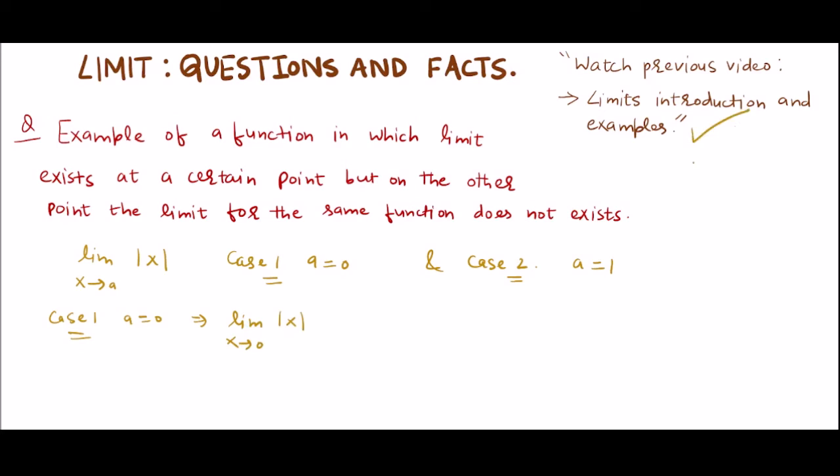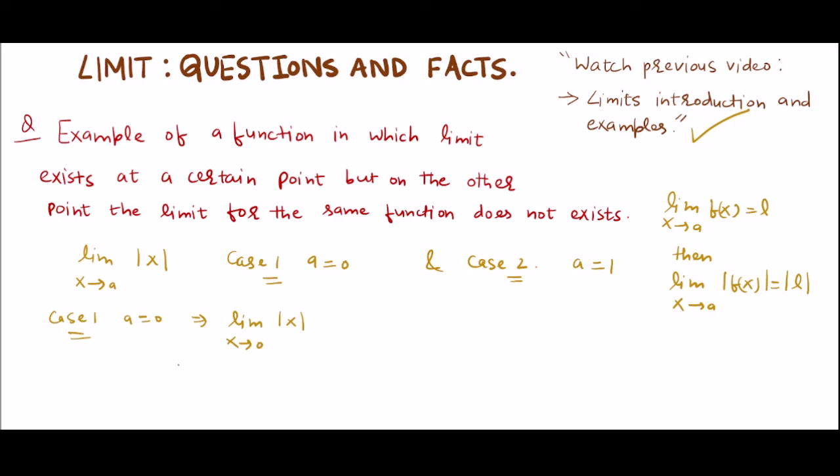In the previous video on limits, introduction and examples, we discussed a theorem which says that if the limit as x tends to a of f(x) equals L, then the limit as x tends to a of modulus of f(x) will be equal to modulus of L. Okay. So with the help of this theorem, we can find its limit.